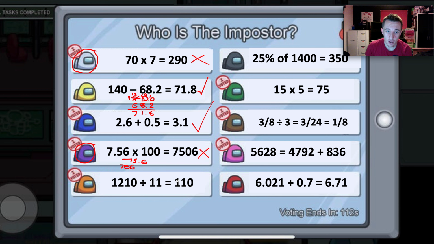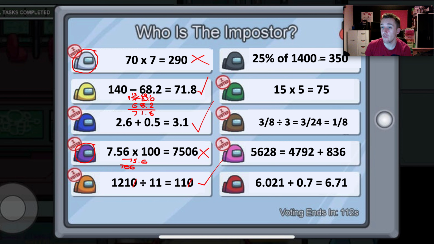So let's just remove these zeros. If I can remove 1 from each side, that's fine. I've now got 121 divided by 11 is 11. Well, that's correct. So if I put zeros on each side, it's still correct. Tick.